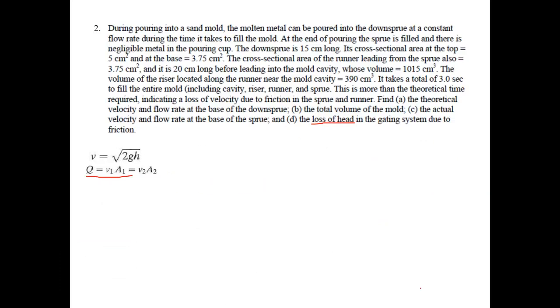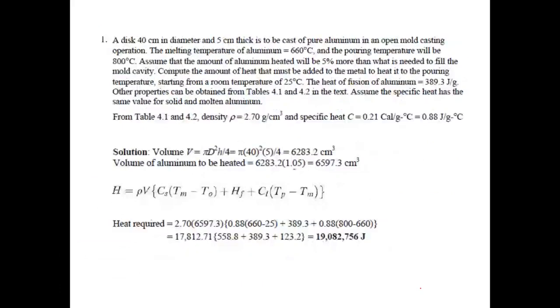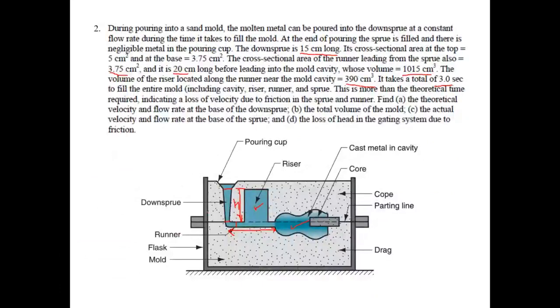The head, we go back to the previous slide here. The loss of head, if we take a look at this, there is a certain height H that is needed in order to exert sufficient pressure behind the liquid molten material so that it can fill in the cavity properly. And now we have to compute the loss of head because of friction. What does it mean?